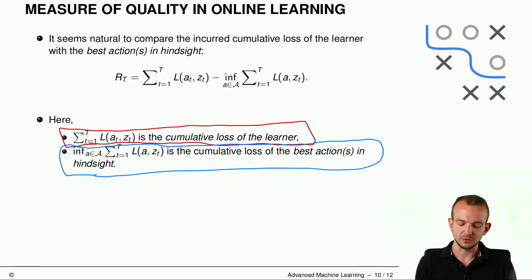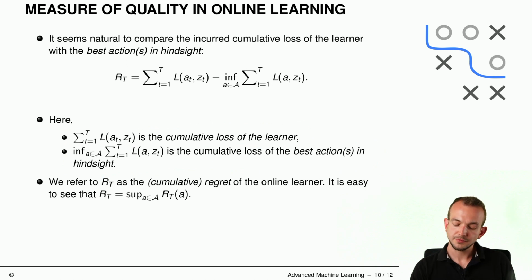If this difference between the two is large, then obviously it's telling us that the learner did a quite bad job in some sense. And this value is the regret.